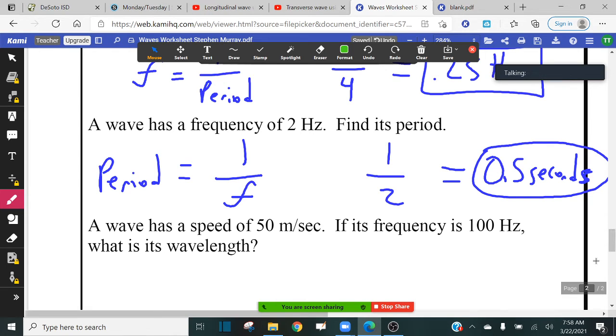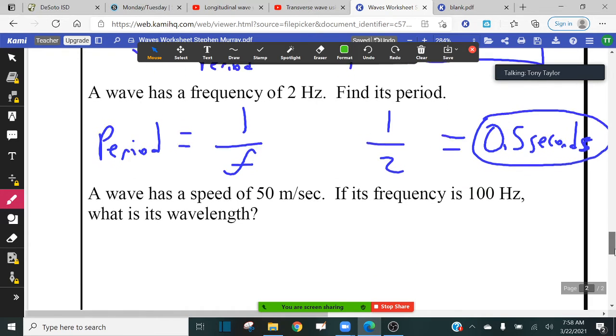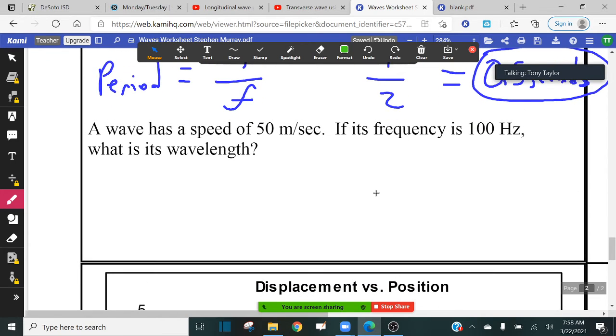Let's do a few more examples. Here it says a wave has a speed of 50 meters per second. If its frequency is 100 hertz, what is its wavelength? Let us write down our equation for speed first.